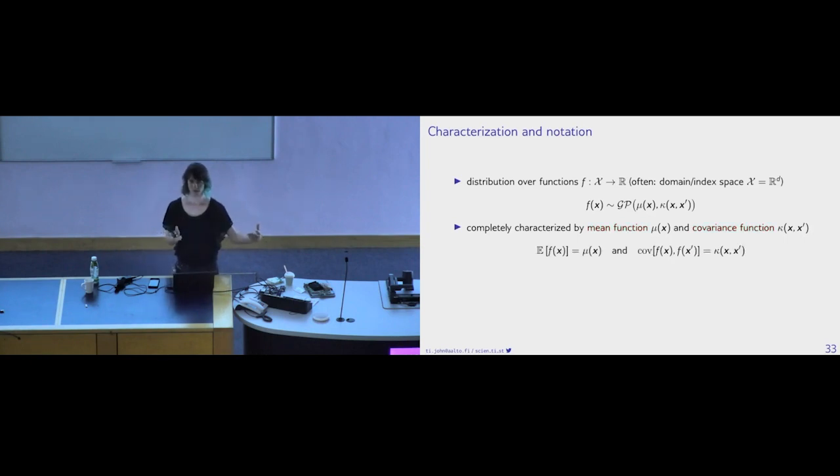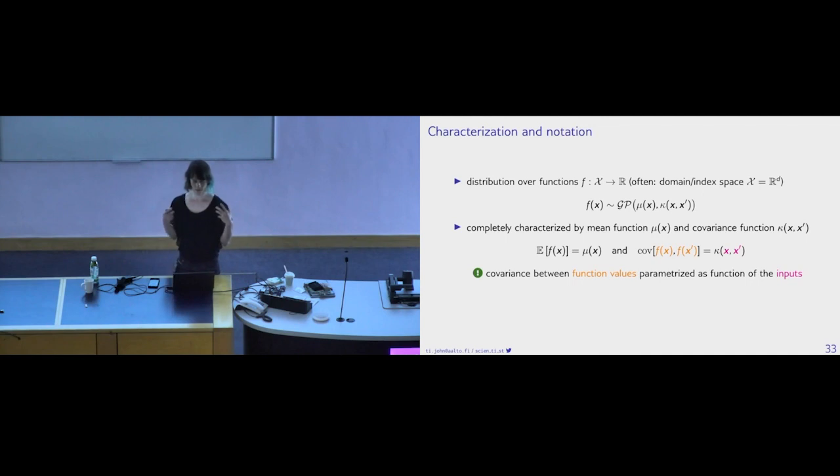Similar to the finite dimensional case, the mean function gives us the mean of the distribution, and the covariance function evaluation gives us the covariance of the function values. This is a point that's maybe tricky to understand when you first encounter Gaussian processes. The important thing to understand is that we have a covariance between function values f, but we parameterize this covariance based on the inputs x.